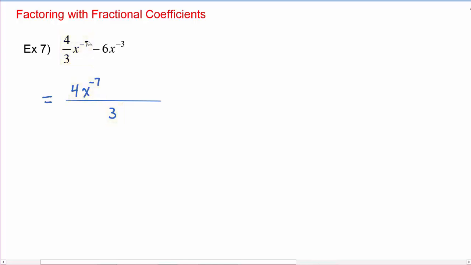Then we have a minus sign. And 6, if it has a denominator of 3, we know 6 is the same thing as 18 over 3. So this becomes 18x to the negative 3. Now we're ready to factor, because we can see now both variables have integers for coefficients, and it's a lot easier to factor that way.